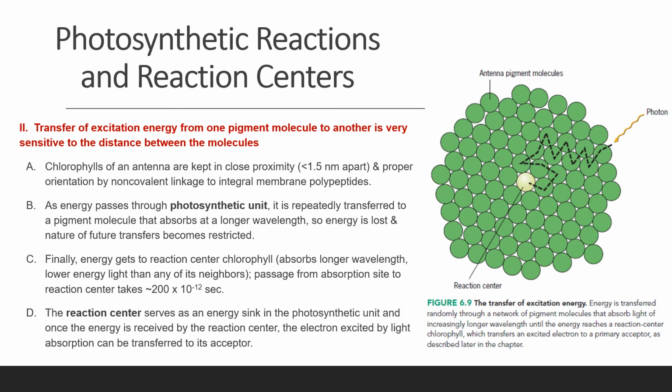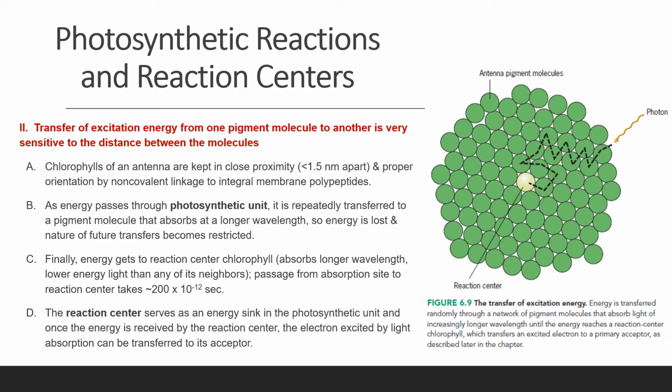So even though the bulk of the pigment molecules do not participate directly in the conversion of light energy into chemical energy, they are still responsible for the light absorption. These pigment molecules form a light harvesting antenna that absorbs photons of varying wavelength and transfers that energy, called excitation energy, very rapidly to the pigment molecule at the reaction center.